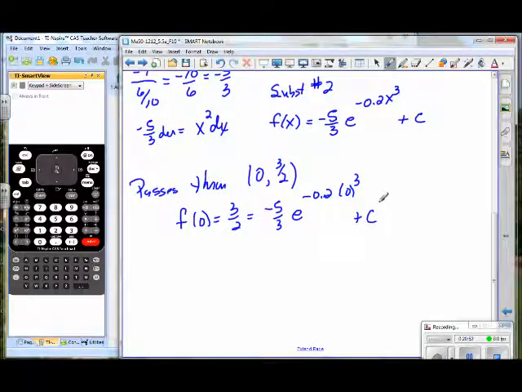So what we're trying to do is we want to find out what is that specific value of c. Now we have here e to the 0 power. All of this is going to equal 0.